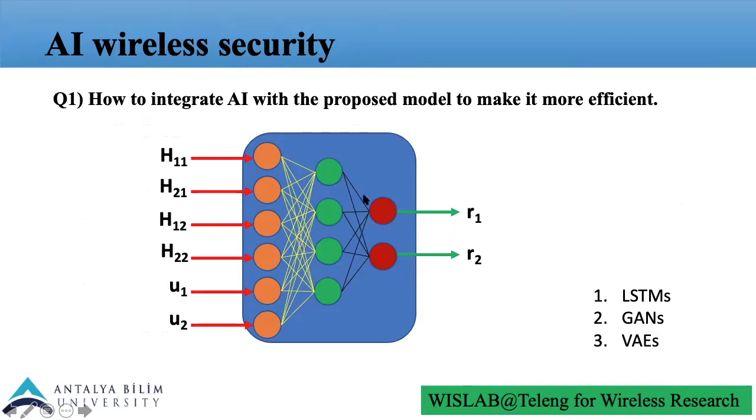And then train this network using your H and your output, which are R1 and R2, so that every time you want to transmit a signal, instead of recalculating R1 and R2, you simply input your H and then you get your R. This is going to improve the efficiency of this system significantly. So this is one area that we are trying to see if we'll be able to integrate this model with AI.